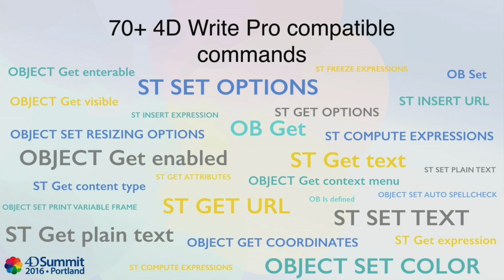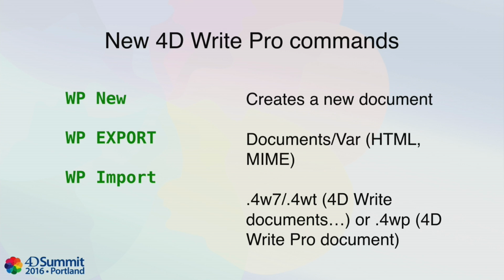If you have used the commands that are prefixed with ST, you don't have to learn more commands. You can use these commands you already know with 4D Write Pro. This is really important. All these commands have been adapted in order to work with 4D Write Pro.